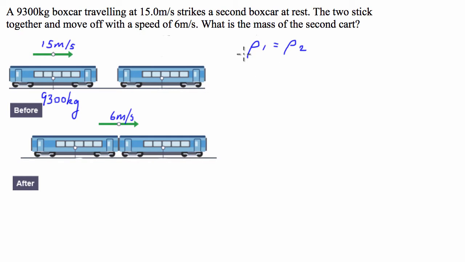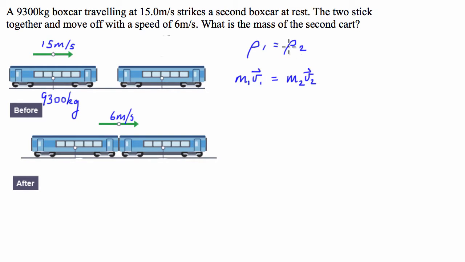In all cases, momentum is mass times velocity. So we're going to have mass 1 times velocity 1, and make sure you know it's a vector quantity, and that has to equal mass 2, which is what we're trying to calculate, times velocity 2.